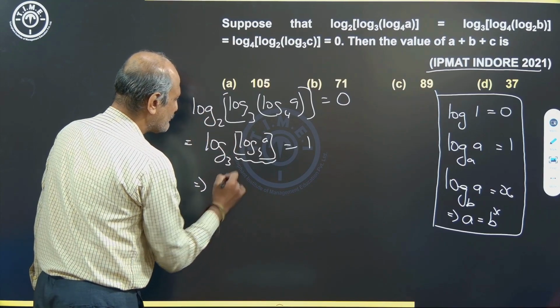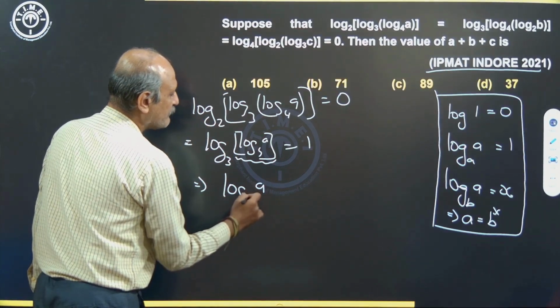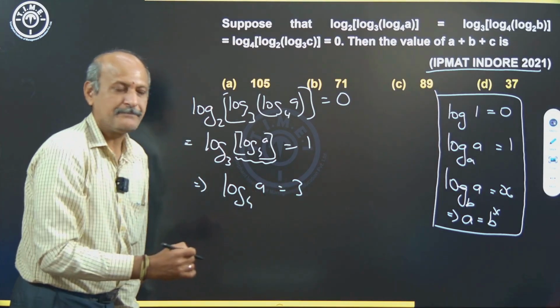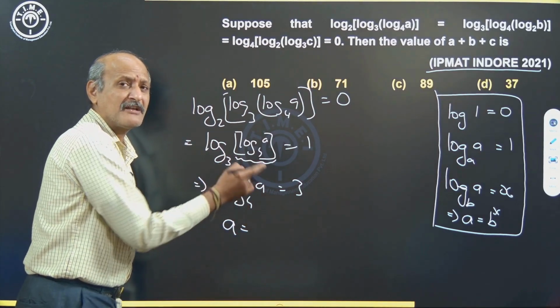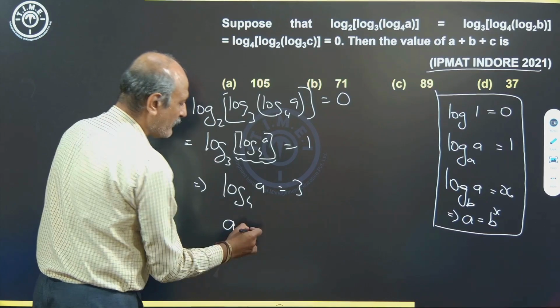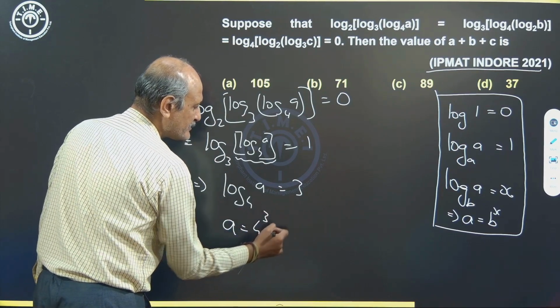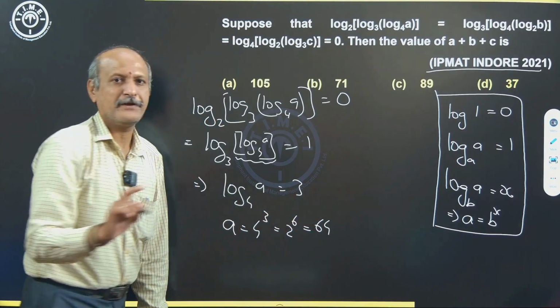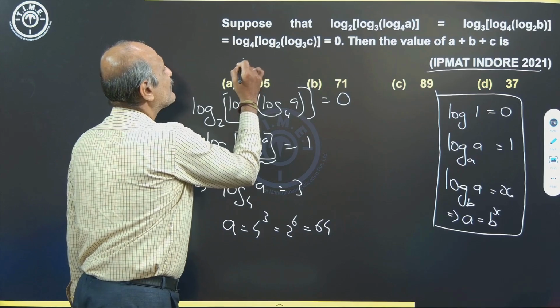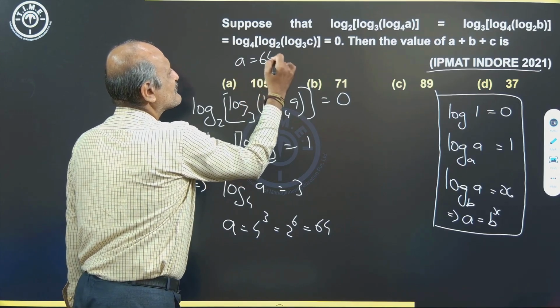So log a to the base 4 is equal to 3. Converting this logarithmic expression into its exponential form, a is equal to 4 raised to the power 3, that is 2 raised to the power 6, that is equal to 64. So we got the value a is equal to 64.